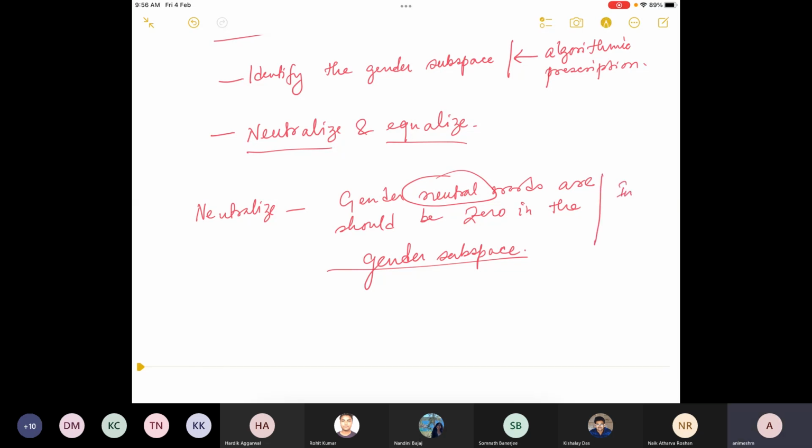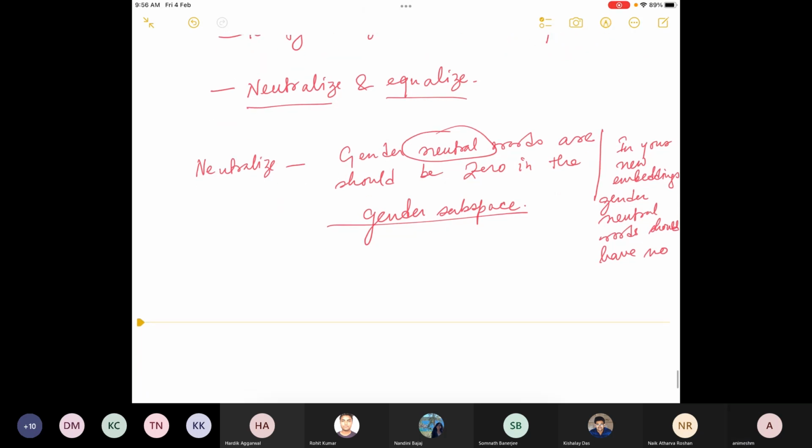So in your new embeddings, gender neutral words should have no representation in the gender subspace or direction.